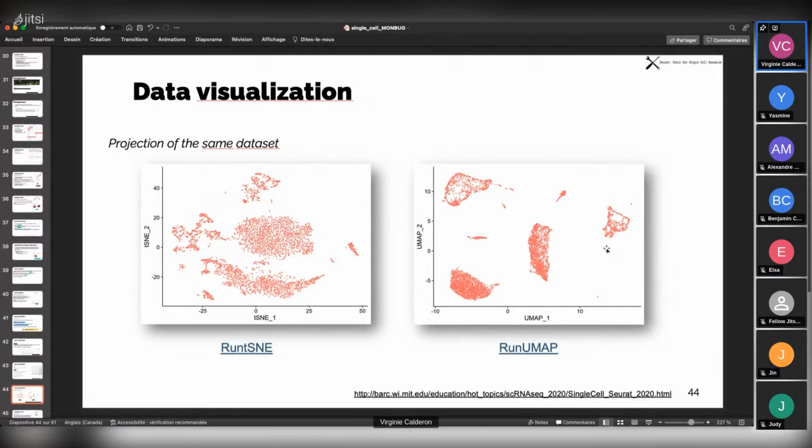So you see that with the UMAP, the cells are closer to each other, so we are able here to distinguish the different clusters more. And for the t-SNE, we see that the cells are spreading more inside the same group of cells. So it's a different way to look at the data. So maybe, depending on the context, the t-SNE will be better or the UMAP will be better.